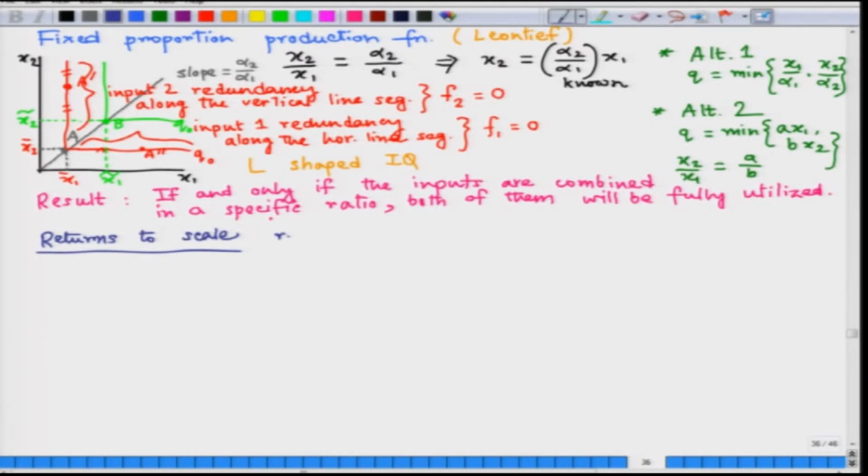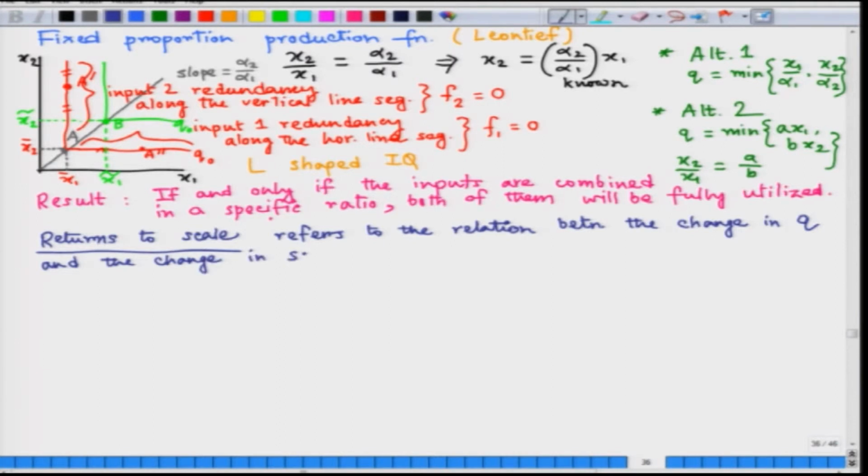So, return to scale refers to the relation between the change in output level Q and the change in scale of production.